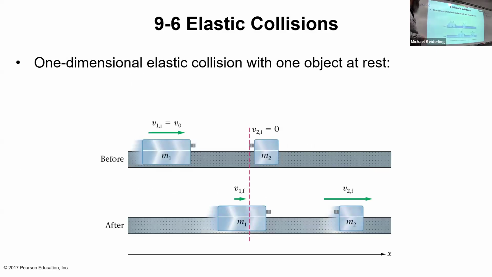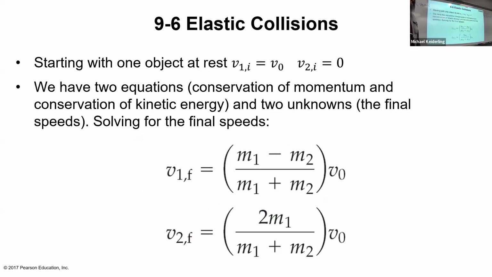If you have one object at rest, this is a simpler case. We get the solution. So this is one object at rest, where V1 initial equals V0, V2 initial equals 0.